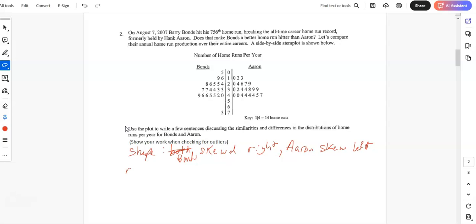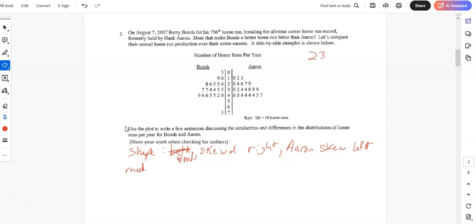So the medians, you can count them out and find the median. It doesn't say how many years each of them had. I counted 23 for Aaron.